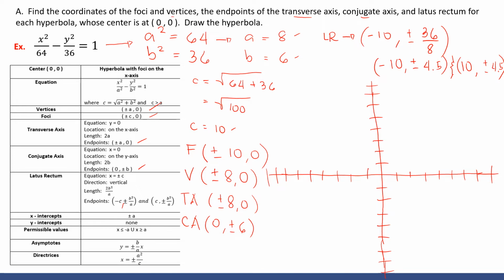Of course, our center is here at the origin. For the foci, we have plus or minus 10, 0.